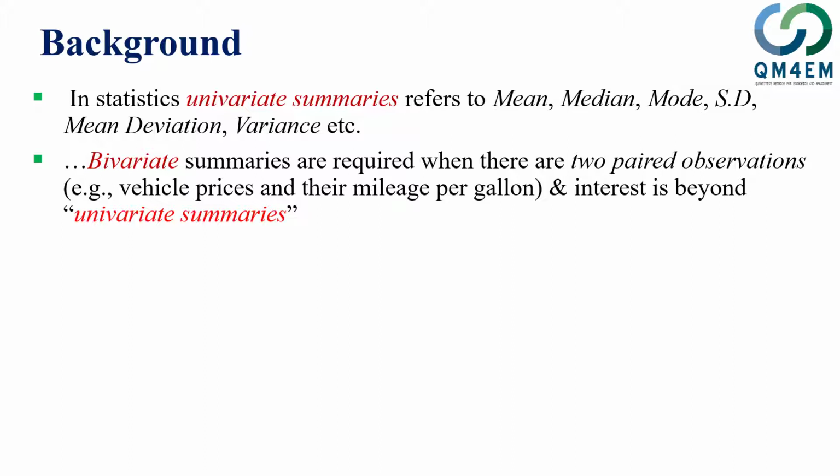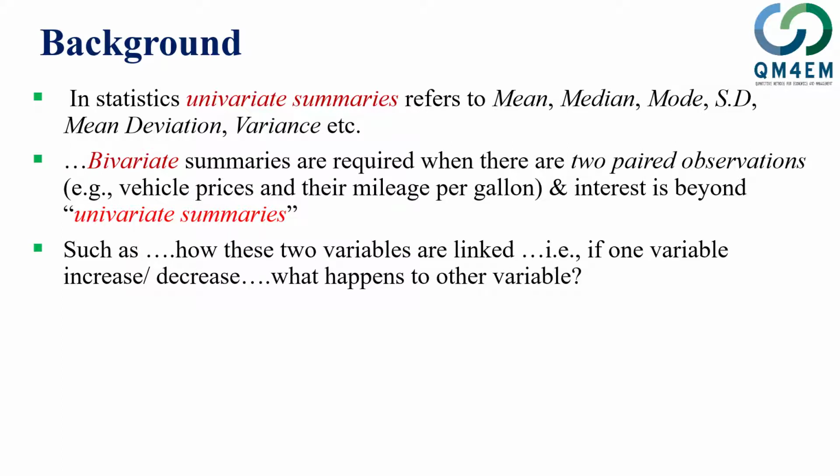But at the same time, we may be interested beyond these univariate summaries and would like to have some bivariate summaries. For example, we may be interested to know how these two variables are linked. For example, if vehicle price increases, how does miles per gallon increase or decrease? So it's a matter of what happens to one variable when the other variable changes.